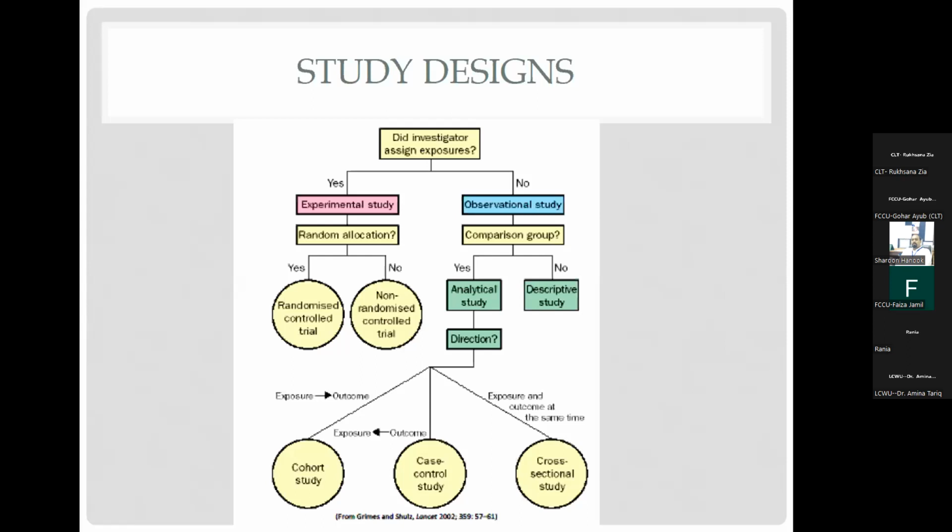So when you're looking for the exposure in the past, you're talking about the case control study. And the cohort study is where you take the exposure today and then you follow them for the outcome. Let's say we take the ones who receive the COVID vaccination.